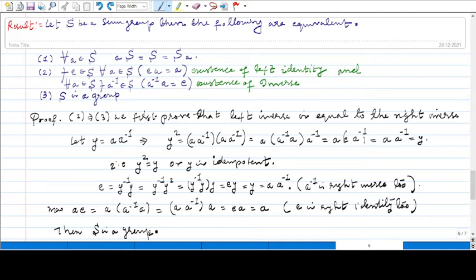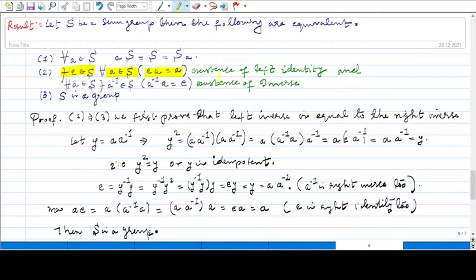The first statement says that for every element a in S, aS equals S equals Sa. The second thing is very crucial. What it says is that there exists a left identity. There exists e belonging to S such that for every a belonging to S, ea equals a.